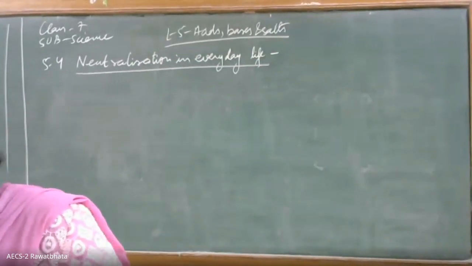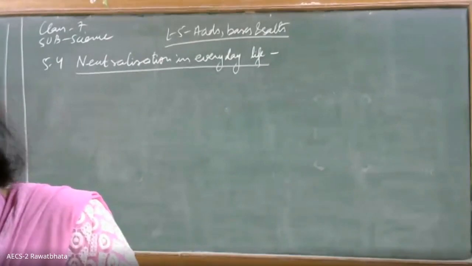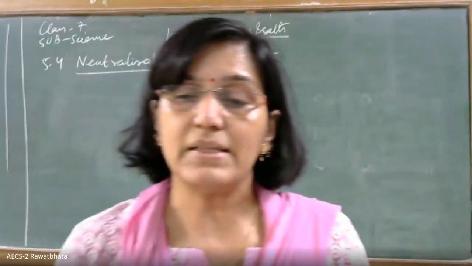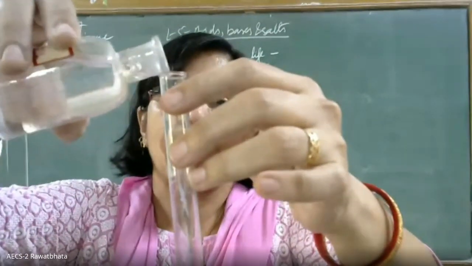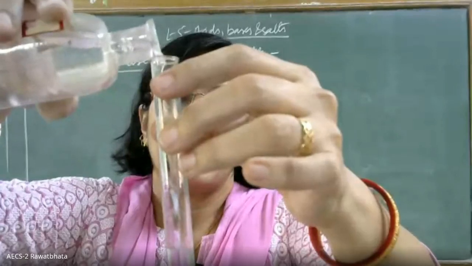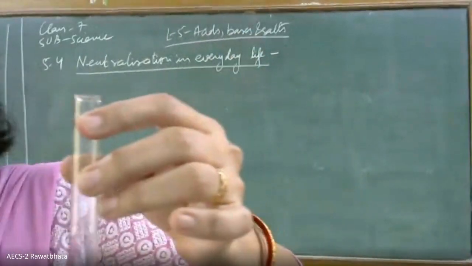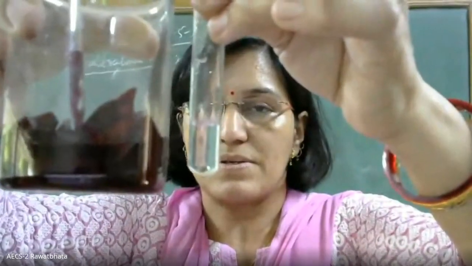Now to another test tube I am going to take some amount of acid. The acid in this case is dilute HCl, hydrochloric acid. You are going to keep comparing the two colors.